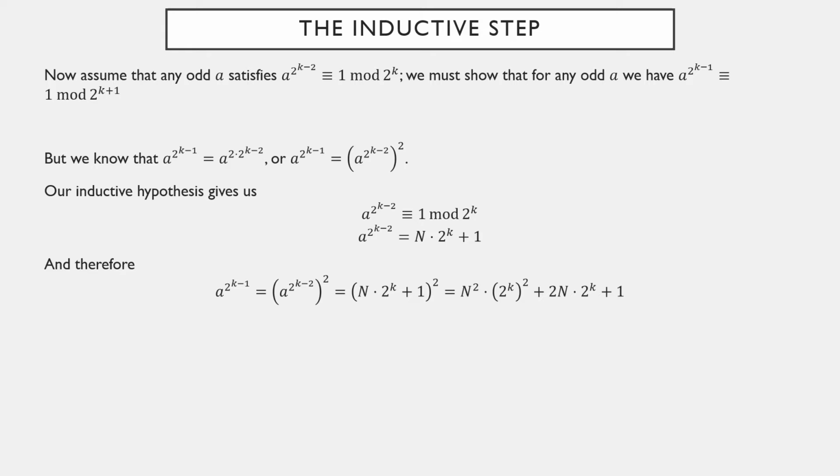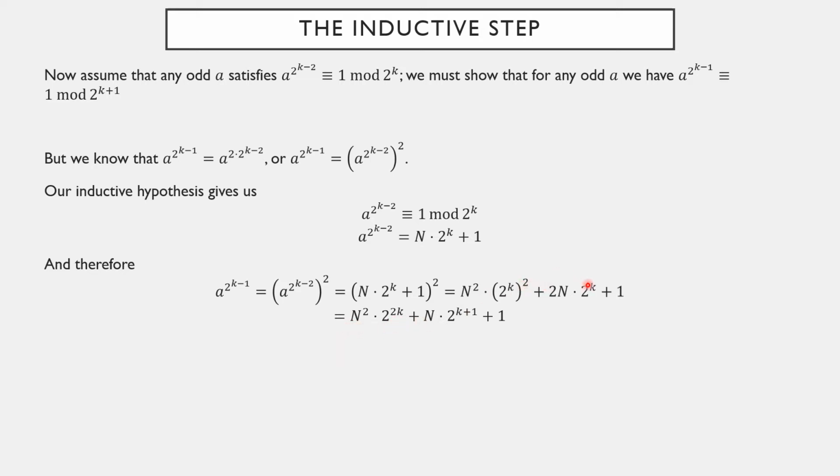So if I take a to the 2 to the k minus 1, we've already established it's a to the 2 to the k minus 2, squared. This is equivalent to 1 mod 2 to the k, so I replace it with 1 plus a multiple of 2 to the k, and I just expand all this out. Okay, and I end up with n squared times 2 to the k squared plus 2 times n times 2 to the k, plus 1. Here I end up with n squared times 2 to the 2k.